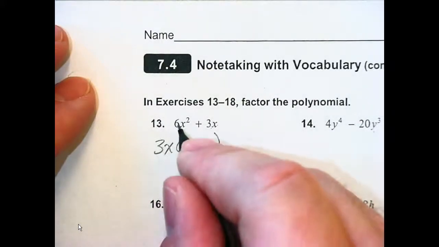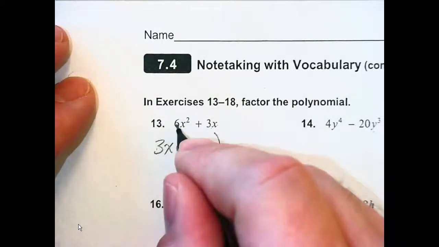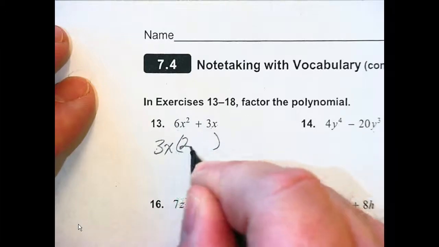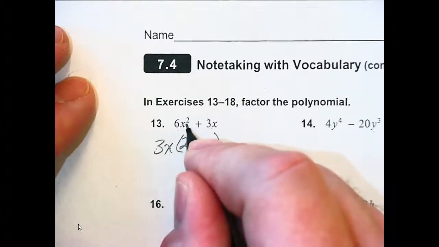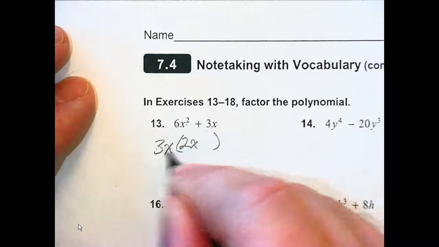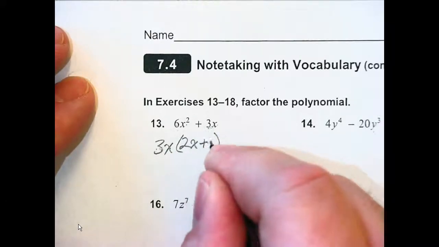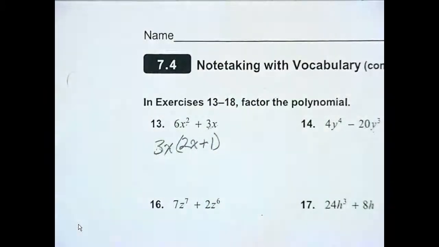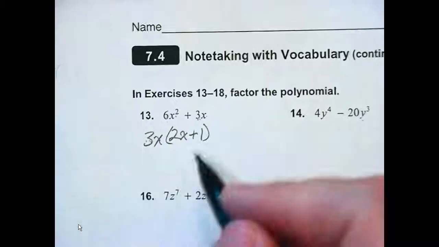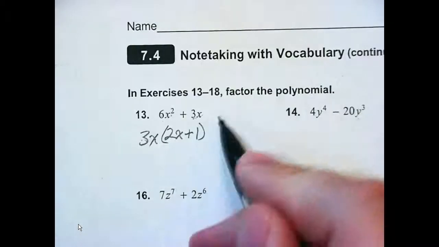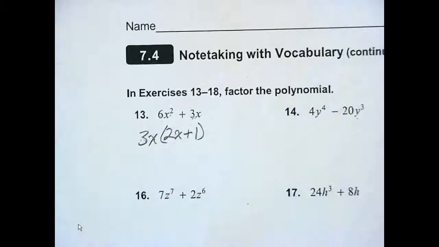Well, 3 times what is 6? 2. X times what is x squared? X. 3x times what is 3x? 1. Don't forget that 1 back there. Hey, the benefit of that, we could now solve that if it said equaled 0. Here you're just practicing the factoring.